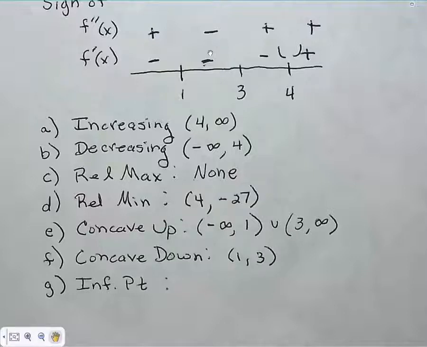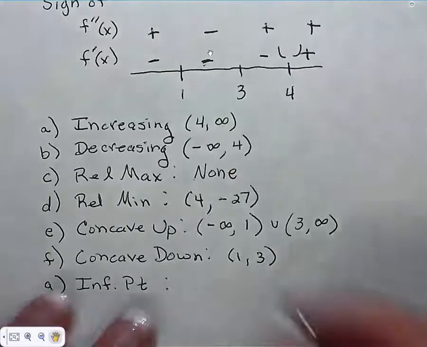Is there an inflection point? How would I locate an inflection point by looking at that sign chart? Where the concavity changes in either direction. So the concavity changes at 1 and the concavity changes at 3. There are 2 inflection points.